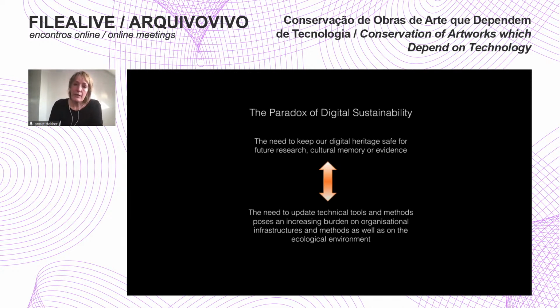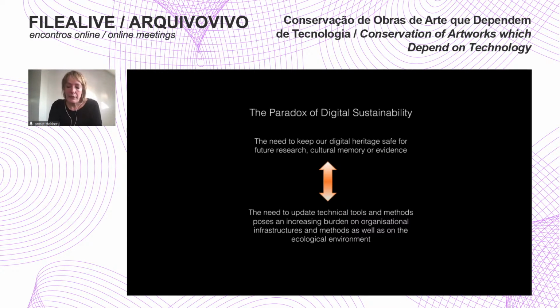So my current research starts by acknowledging this inherent contradiction, and in turn to think about a sustainable approach for the future of digital preservation that is both based on a deep understanding of the complex infrastructures in which these artworks prosper, and on the other hand, the integration of community networks and living memory and institutional practices.